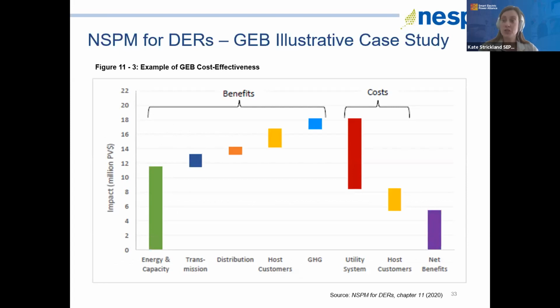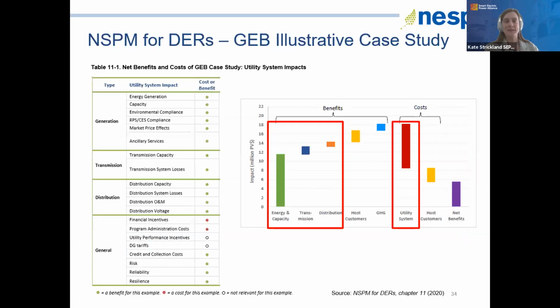Per the jurisdiction-specific test, figure 11.3 is including utility system costs and benefits, host customer costs and benefits, and greenhouse gas impacts, in order to illustrate the net impacts at play in cost effectiveness. And here we're seeing on the right overall net benefits, but I'm actually going to walk us through this in terms of understanding what exactly is at play.